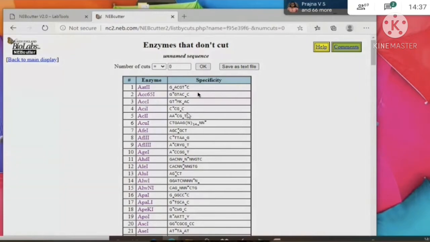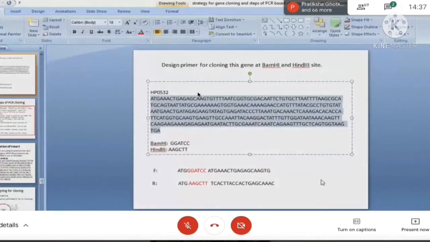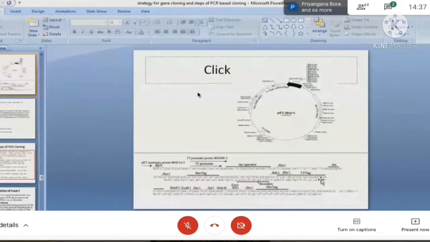There are no restriction sites for AAT2, AC651, ACC1. So you have to search the zero cutters of your gene.